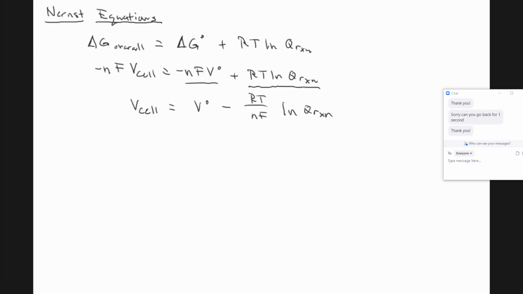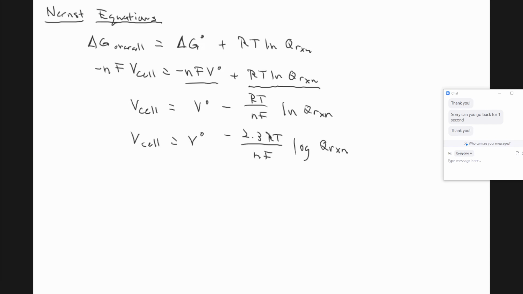Do some more mathematical manipulation. Voltage of the cell is equal to the standard voltage minus 2.3 RT all over nF. Now we changed it from natural log to log of the reaction quotient. And you will be asked to remember certain log values.